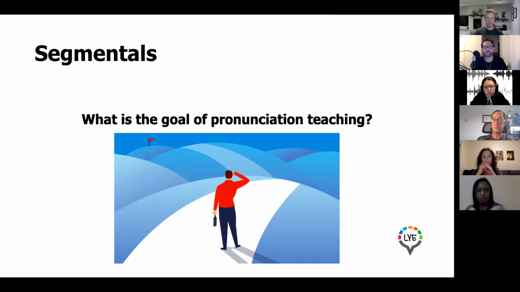I think it's important for us to frame sound scripting and frame the way we look at language right here, because what we're trying to say is that the goal of sound scripting is not to change your accent, not to change the way you sound, not to make you lose your identity. The question is, what is the goal of pronunciation teaching for many of you who are attending this session today?